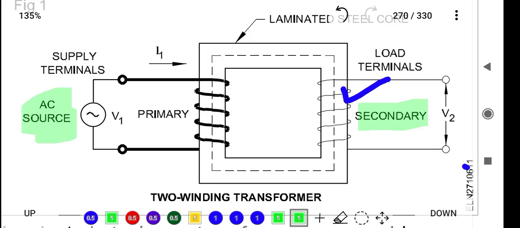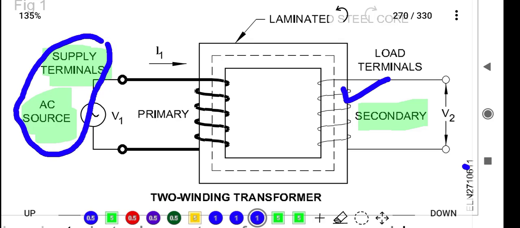Second, the supply terminal. This is the input. So what is the input for the transformer? AC source, supply terminal. This is the input for the primary winding.